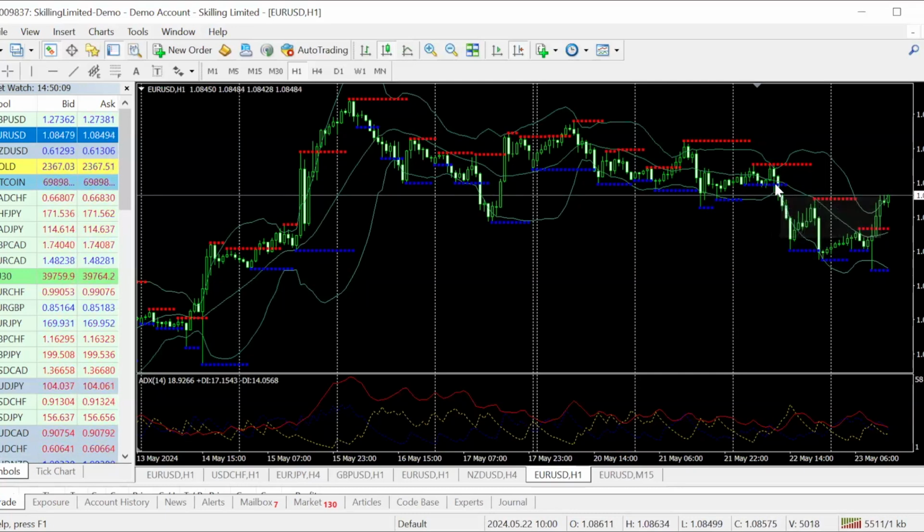But if you buy at this point, you have not waited for it to confirm, because a resistance was formed here. The ideal thing would have been to wait for this one to open and close above this support that was formed here. Then you can buy.